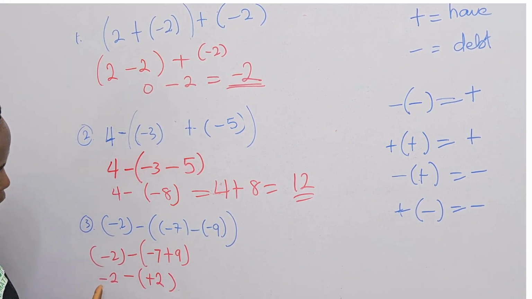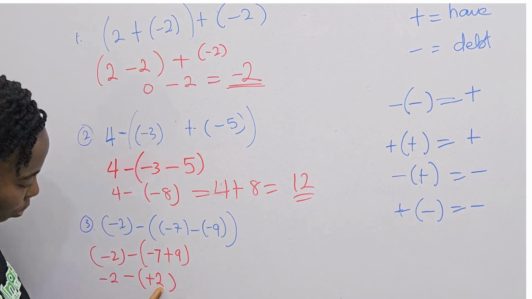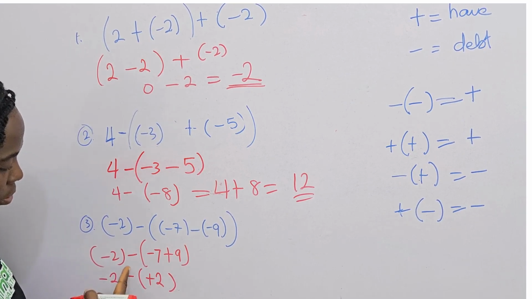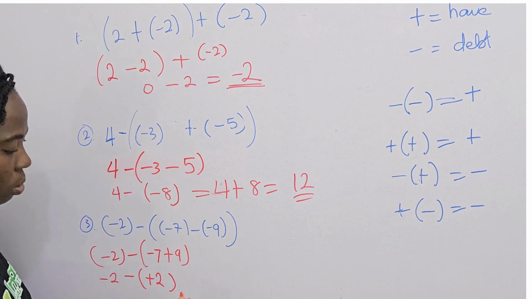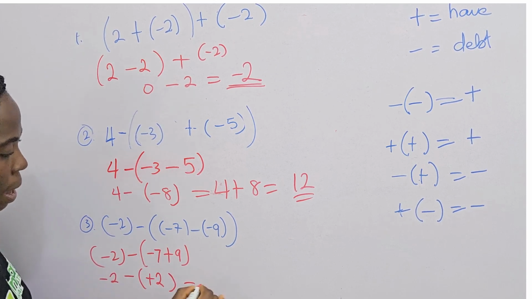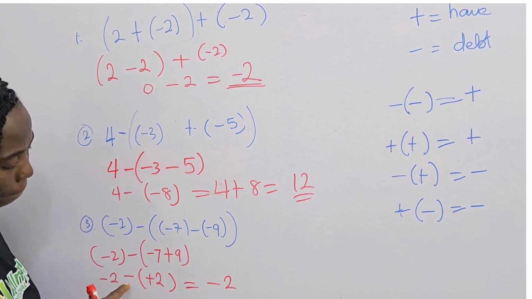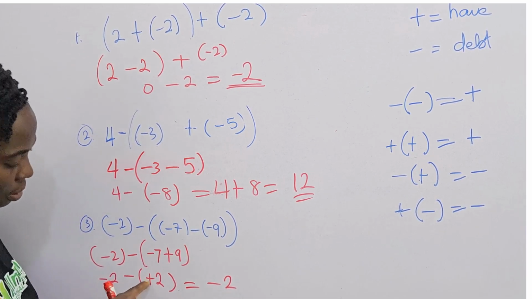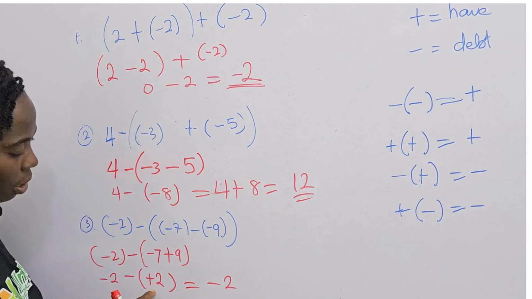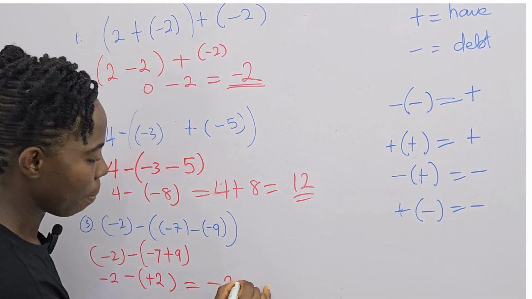So we have minus 2 minus plus 2. Minus 2, this minus and this one gave us plus 2.